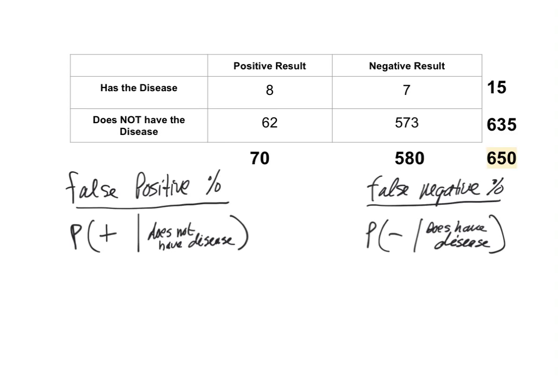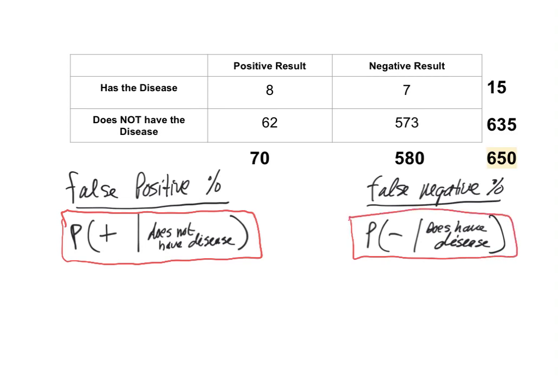Respectively, the false positives are those that come in without the disease who incorrectly test positive. The test identifies them incorrectly as positive. And those coming in with the disease, the test incorrectly identifying them with a negative test result, that's called a false negative. And so I have these rates written out in the conditional probability form.